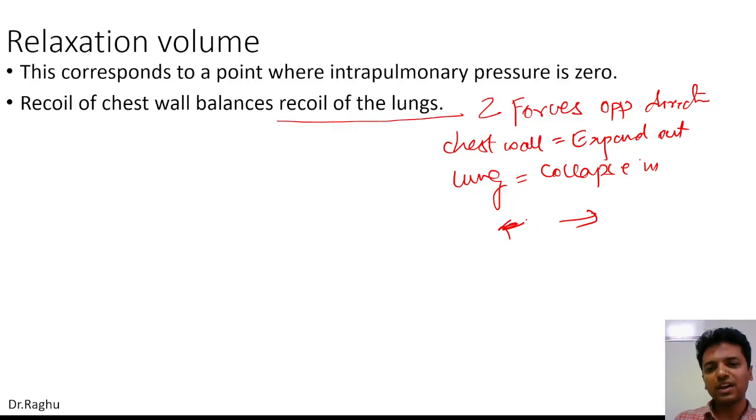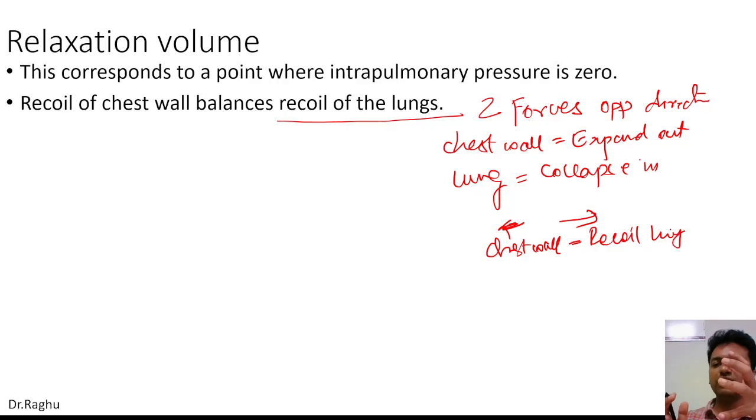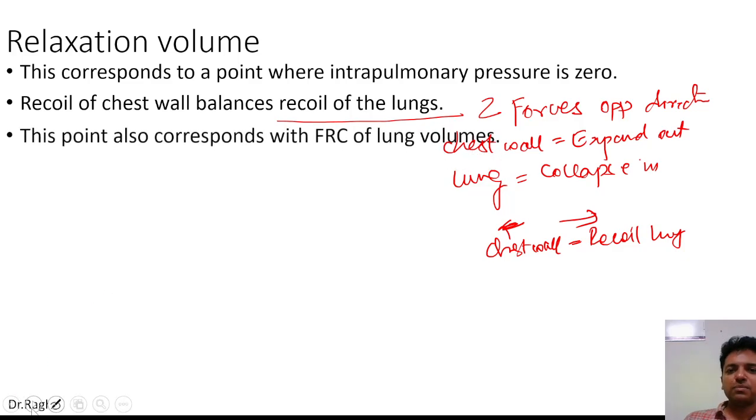This is the point at which the force of the chest wall is equivalent to the recoiling tendency of the lungs. The lungs always want to collapse. The collapse is more whenever there is expiration. Remember this point. So this point also corresponds with the FRC of the lung.